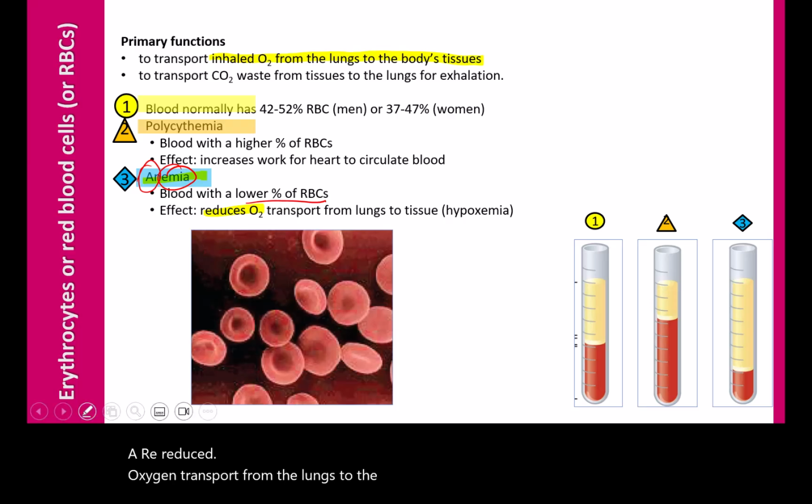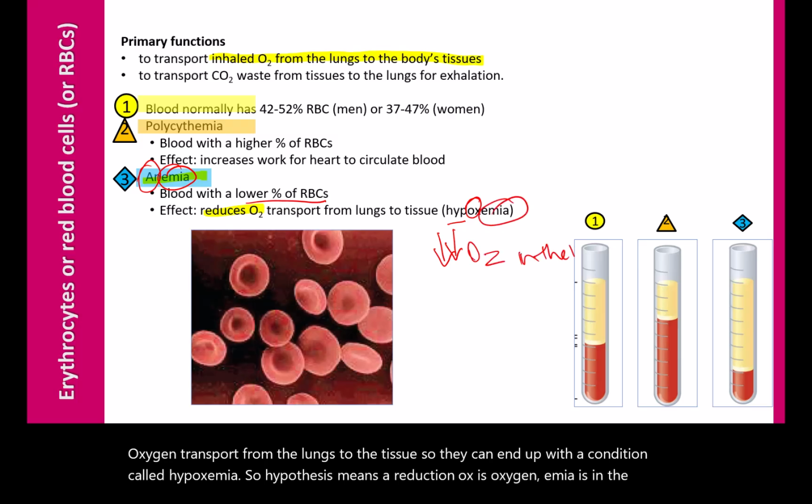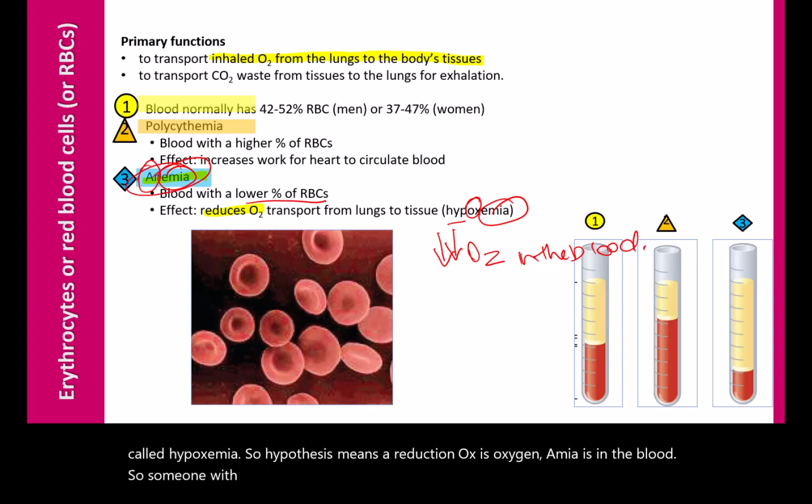So they can end up with a condition called hypoxemia. So hypo means a reduction, ox is oxygen, emia is in the blood. So someone with anemia, with less cells in the blood, will end up with a reduction in the amount of oxygen that's able to be transported in the blood.